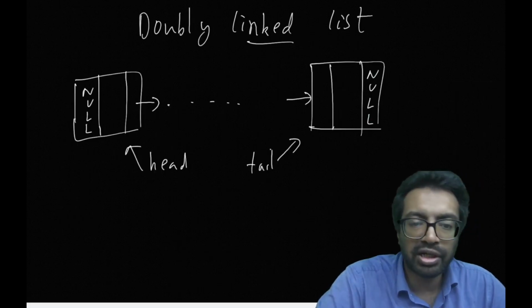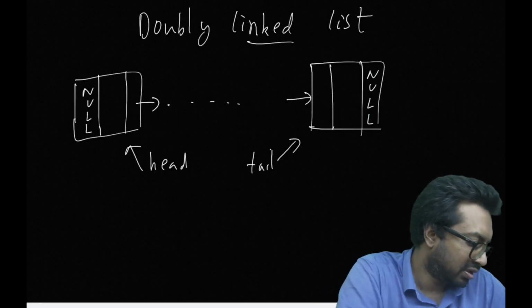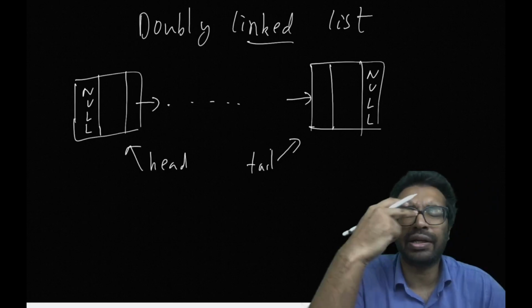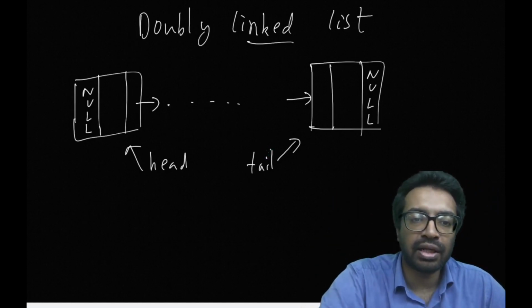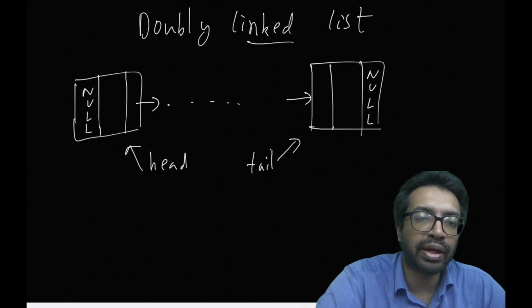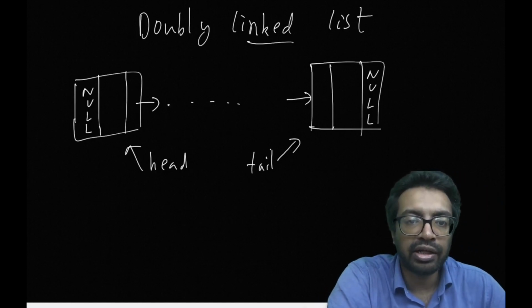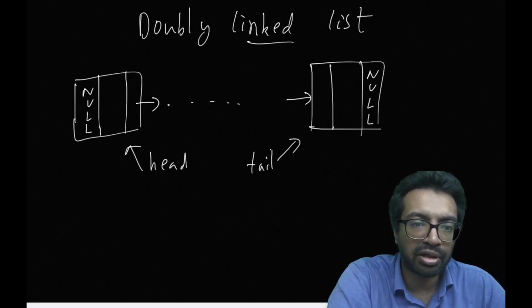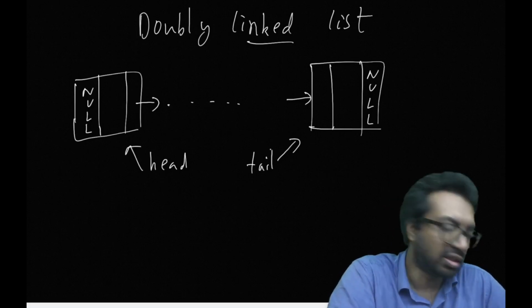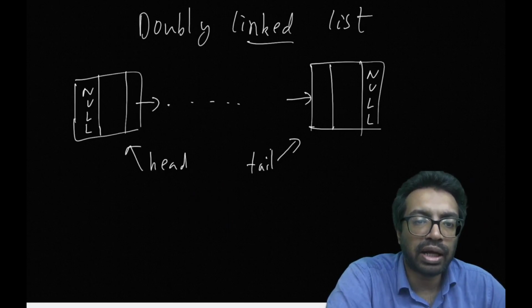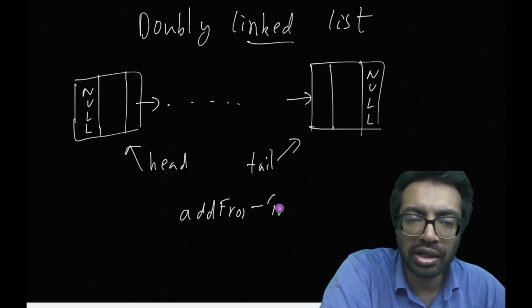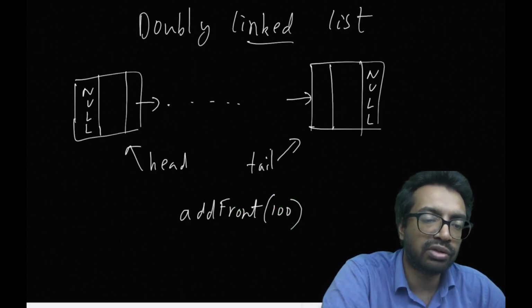So we have a doubly linked list here with the head and tail pointers as we require. Now we want to add a new node. Let's say I want to add the number 100 to the front of the list.